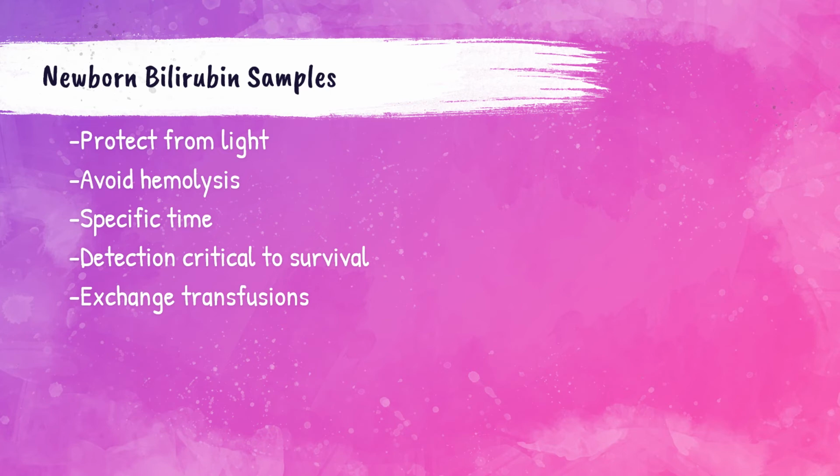Newborn patients with high bilirubin levels will often be placed under a UV light, which helps to reduce those levels. This light must be turned off when bilirubin samples are being collected. The samples must be collected at specific intervals to determine if the bilirubin is decreasing as it should be. Critically high levels of bilirubin may require the newborn to get a blood transfusion.